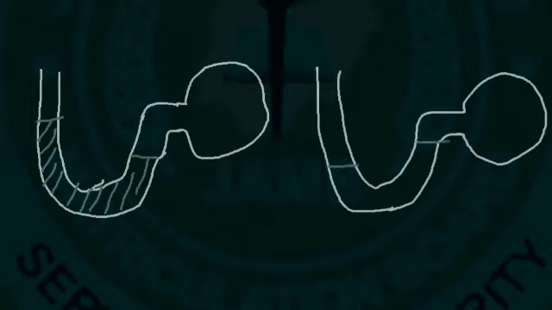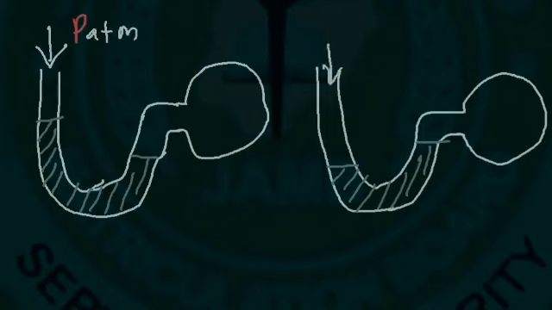But the shapes are going to be a little bit different. So on the outside, it's open to the atmosphere. So this is the atmospheric pressure. And we also have the atmospheric pressure on this side as well. And this is going to be the pressure of the gas, which we can just call P.